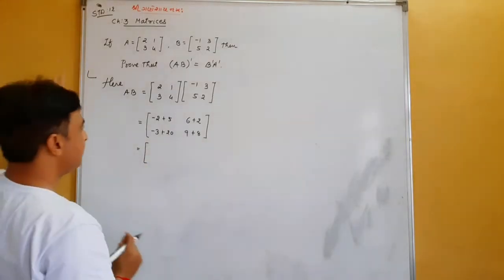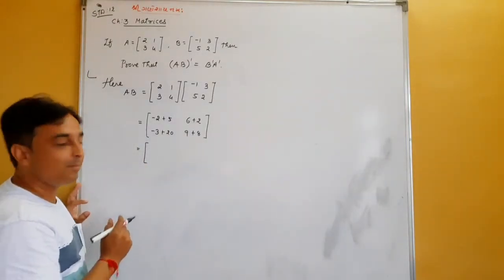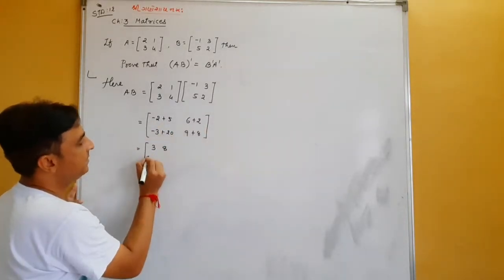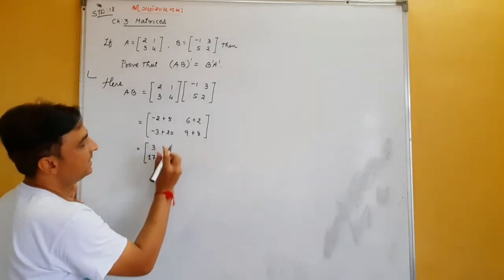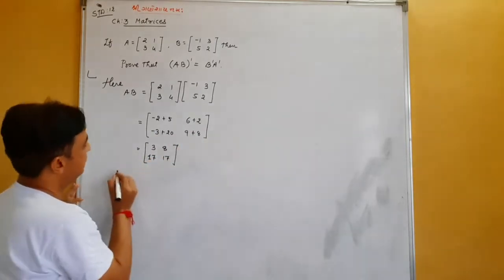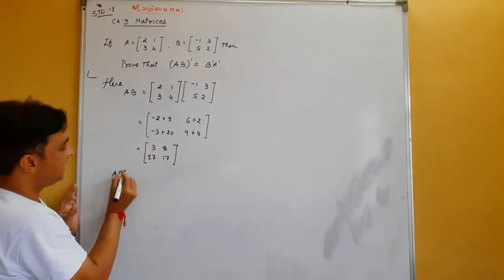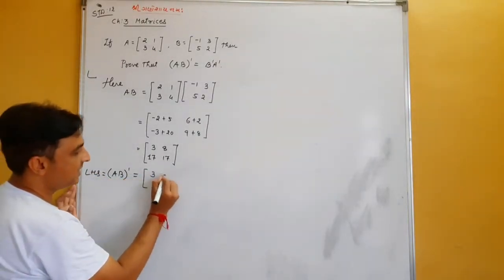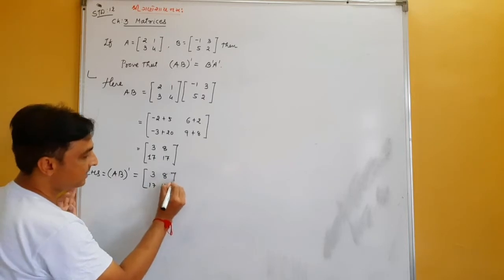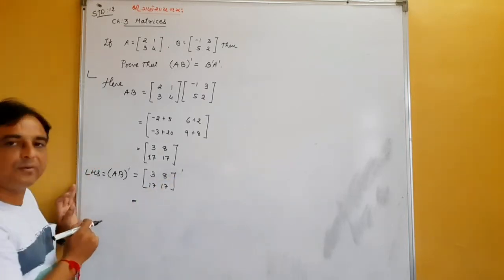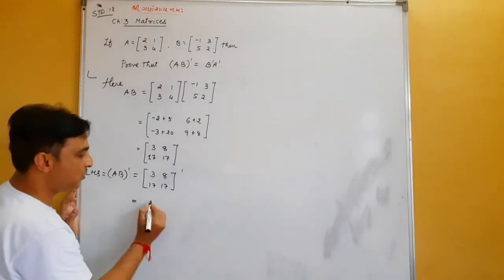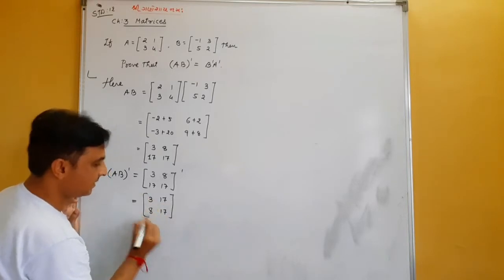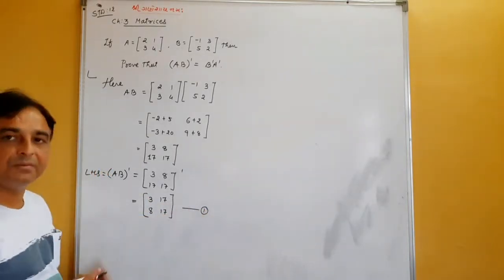This is our matrix multiplication AB: [3 8; 17 17]. Now (AB)', our left hand side, means the transpose of AB, which is [3 17; 8 17]. Say this is equation 1.